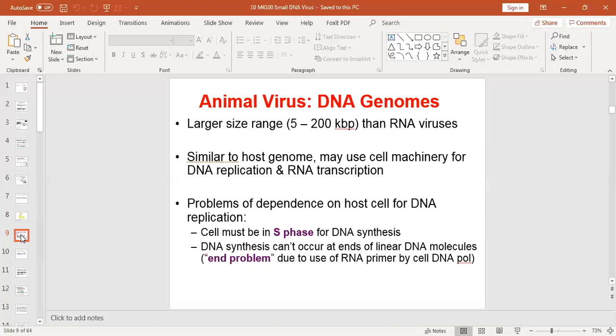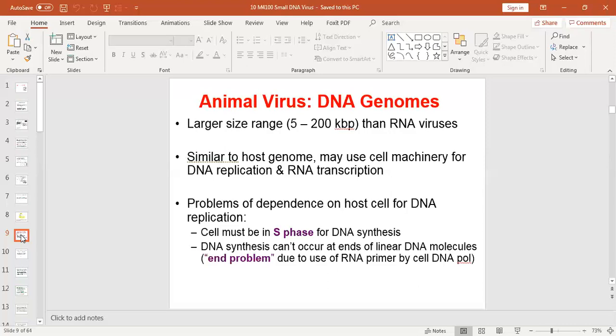These viruses act very similar to the host genome, and on some occasions they use host cell machinery for the replication of their genome and transcription of their messenger RNA and translation. Inherently, we have two major problems that a DNA virus encounters, because a DNA virus depends on host cell DNA for the replication of its own DNA.